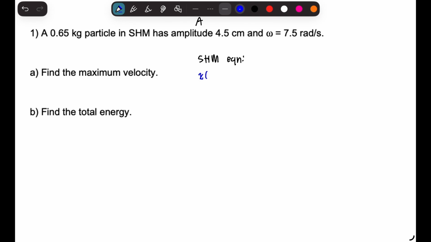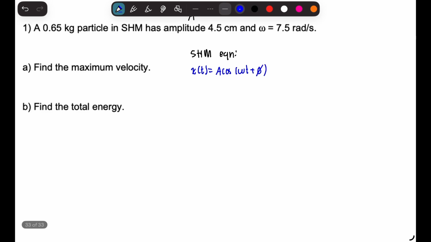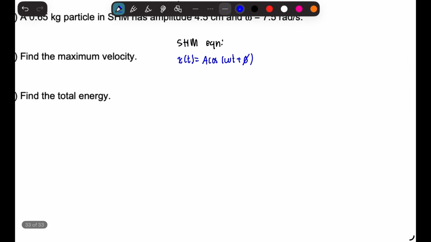We have x of t is equal to... and using calculus, which you won't need to know for AP Physics 1, the derivative, v of t, is going to be dx/dt, and that's going to give you v of t is equal to negative amplitude omega sine of omega t plus angle.